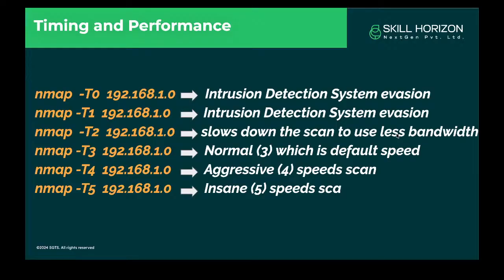Do not, I repeat, do not use T4 or T5 on any target until you have a large network that can handle that much traffic, because T4 is an aggressive scan and T5 is insane speed.